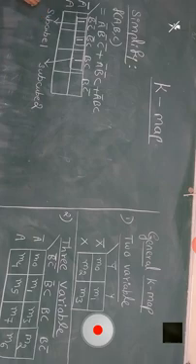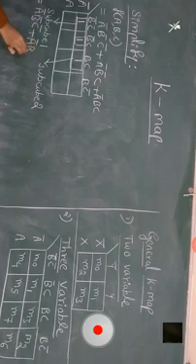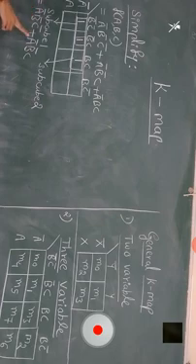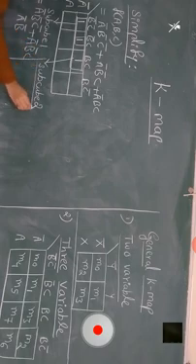Okay, now subcube 1 gives the result. What result it gives? I have to simplify this. It has A bar, B bar, C bar plus A bar, B bar, C. Now, in this, which is the common term, I have to take. So, in this, A bar, B bar is the common term. So, I have to take A bar and B bar. Now, subcube 2.